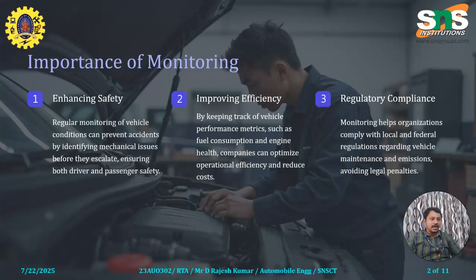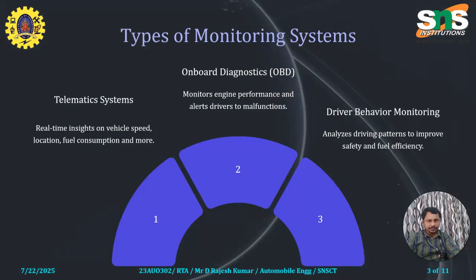It also alerts the driver to service the vehicle. There may be a servicing symbol glowing on the dashboard. It also tracks all those things, thereby enhancing safety, improving efficiency as well as compliance of the vehicle. So this is the importance of monitoring.